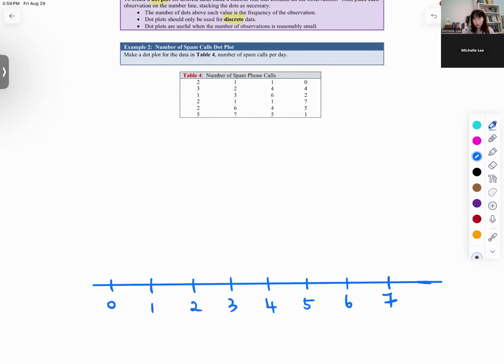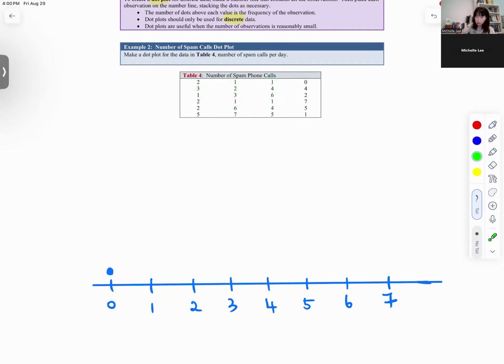So how many 0s do we have? Just 1 zero there, so one dot. How many 1s are there? 1, 2, 3, 4, 5, 6.